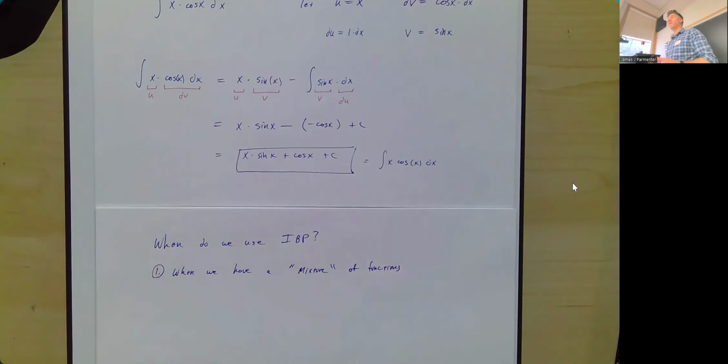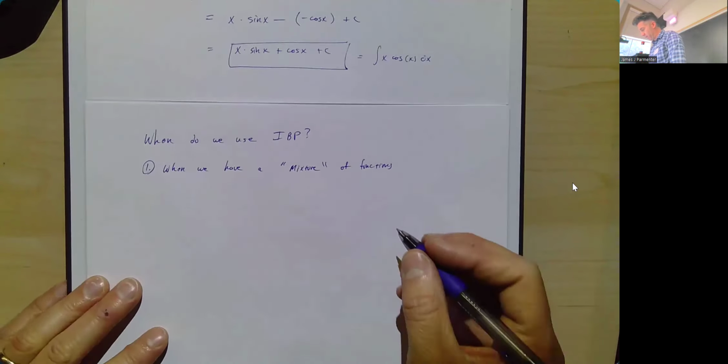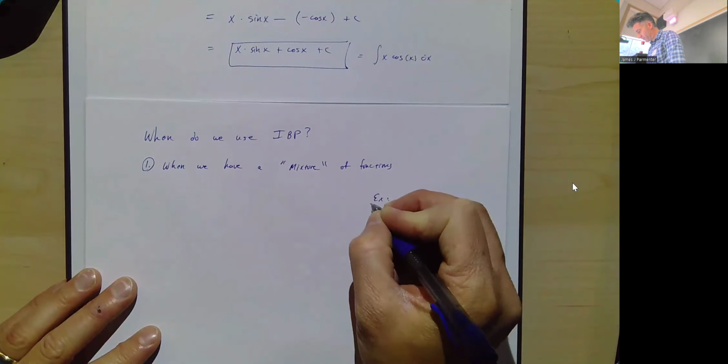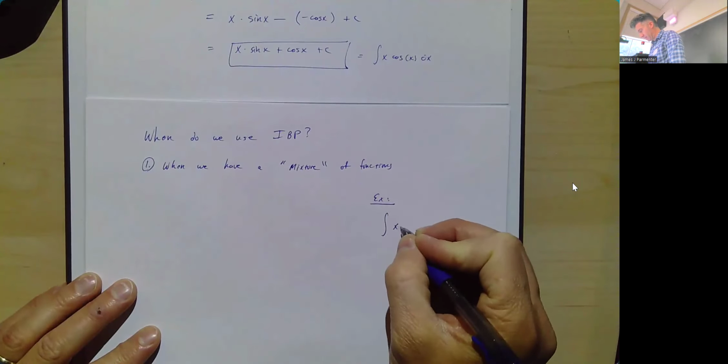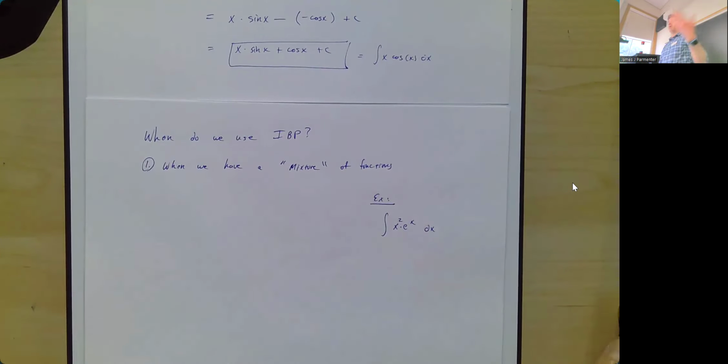meaning two or more different types of functions, two or more, really it's usually exactly two. Like you don't usually have a mixture of three types. And what do I mean when I say types? Well, the types that we often run into are something like, for example, the integral of x times e to the x, or even x squared times e to the x, right? You have x to a power and you have an exponential function.